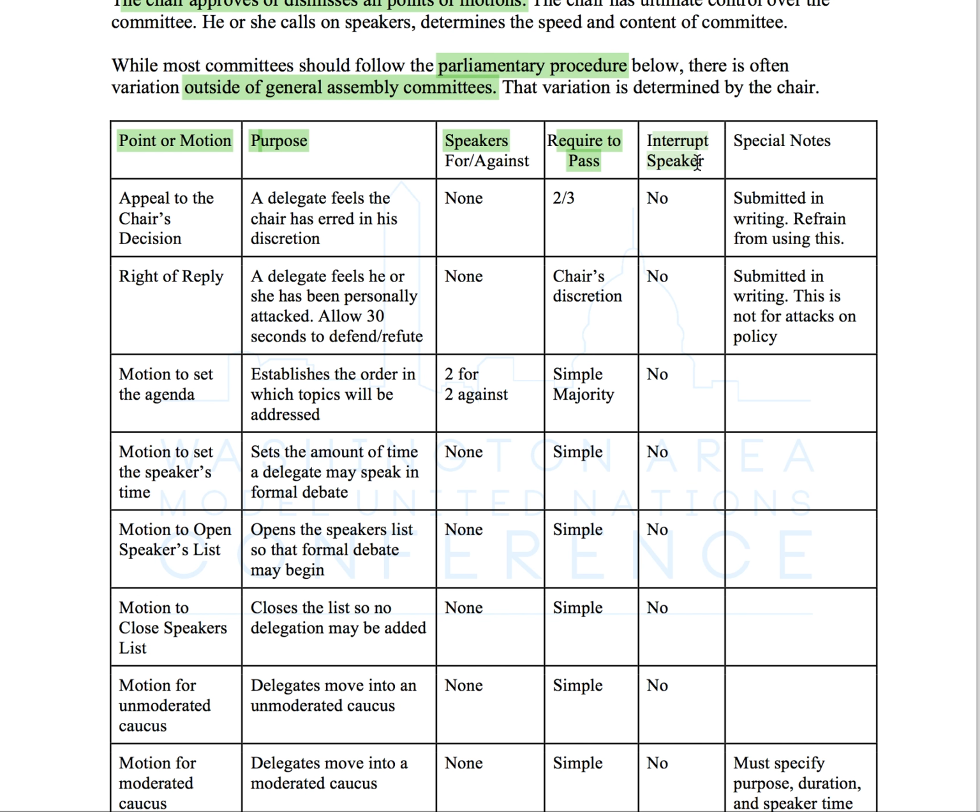And this is whether or not you can interrupt the speaker, and any special notes that have to do with that particular motion. So for example, for appeal to the chair's decision, it says refrain from using this. Don't use this unless you really think there's a terrible error, or you need to submit this in writing. You can't just get up and say, I disagree with you, Chair. So there are little notes like that for certain things.